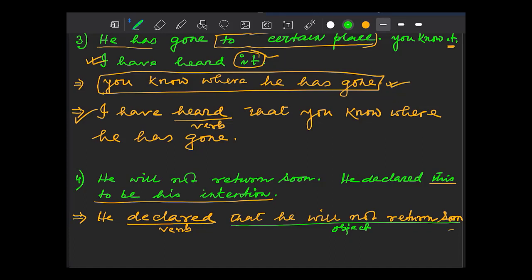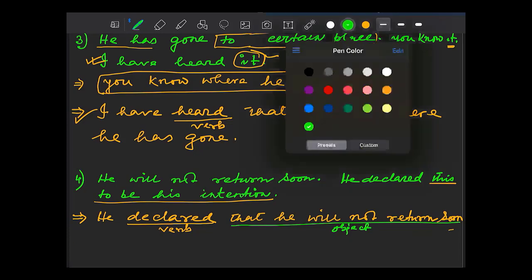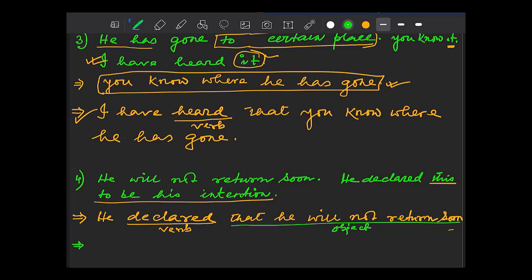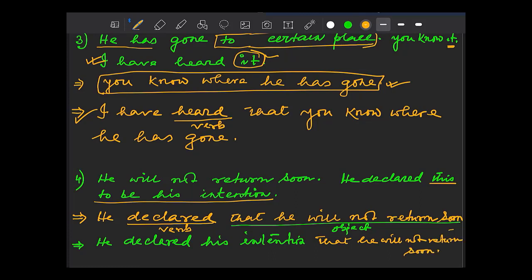But you may write this in another way. If you don't drop this to be his intention, you may write this way also. He declared his intention. After that we'll write that he will not return soon.